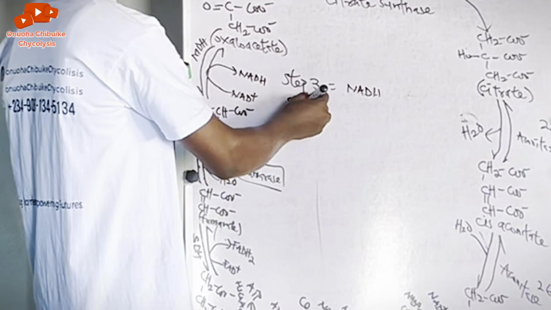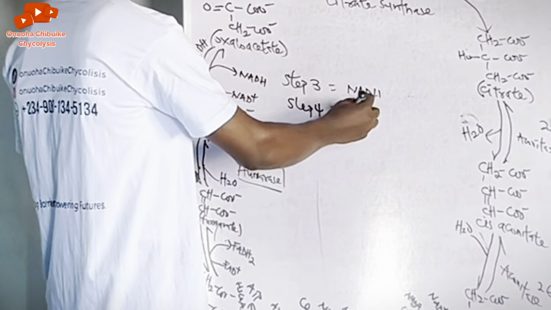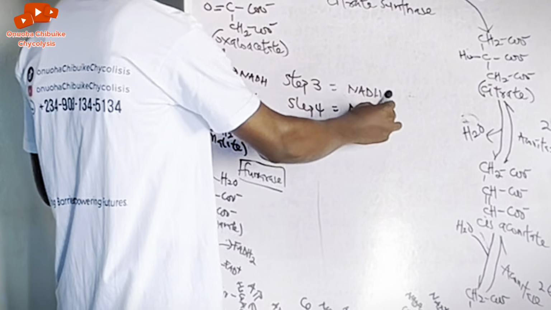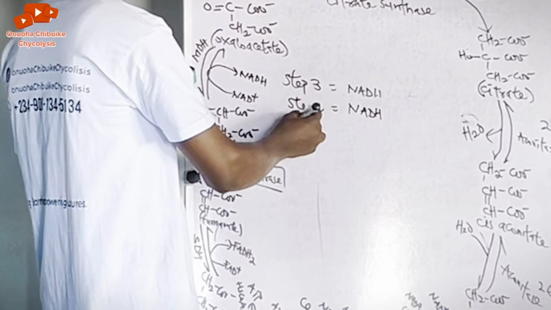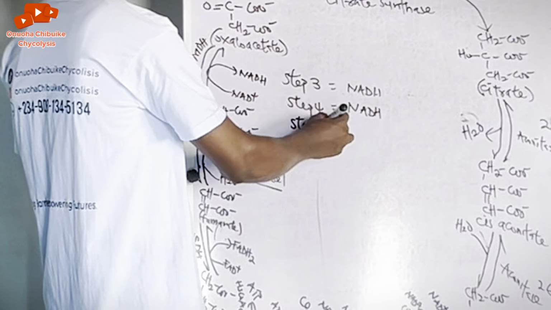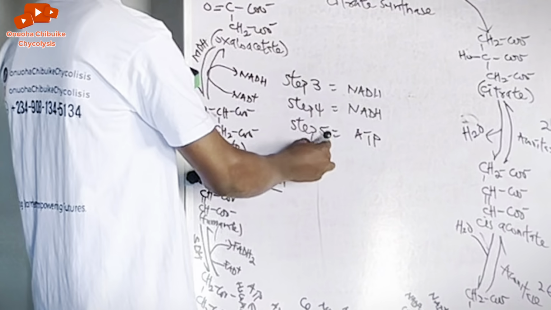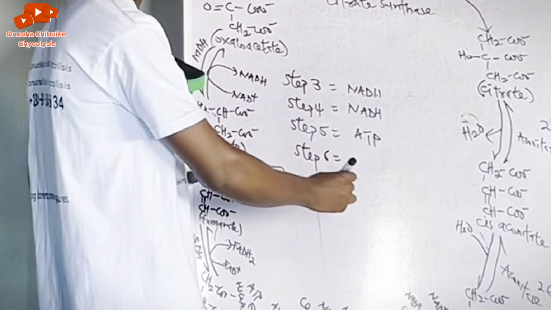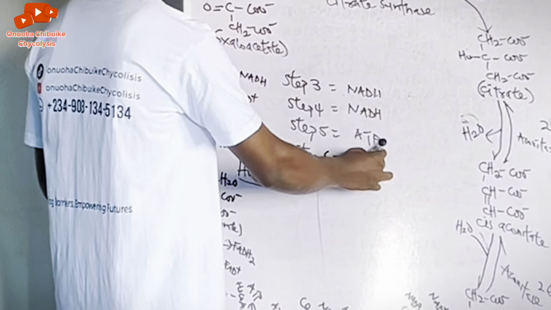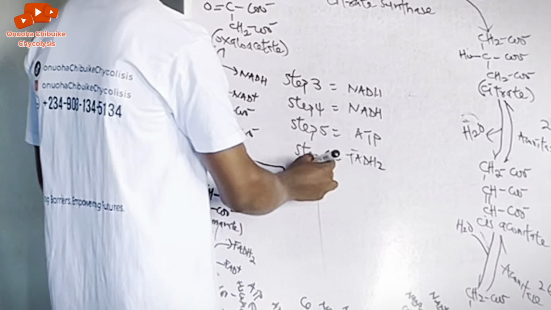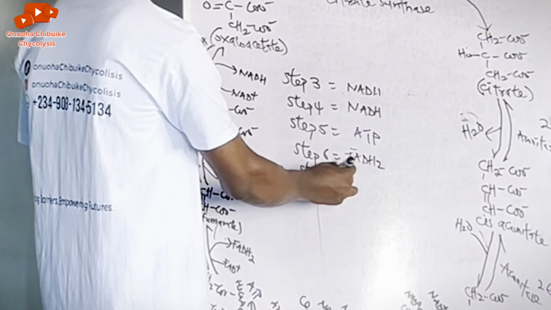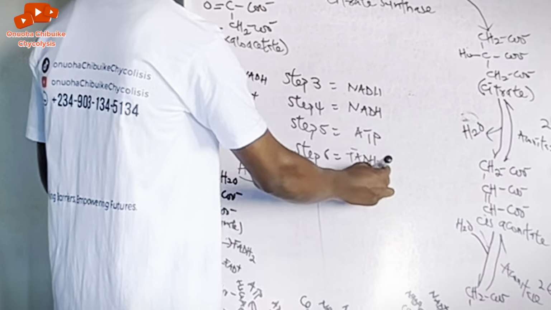Step 4 produces one molecule of NADH. Step 5 produces one molecule of ATP. Step 6 produces one molecule of FADH2. Step 8 produces one molecule of NADH.